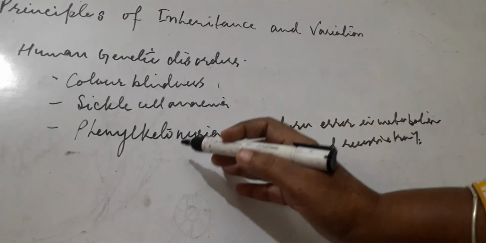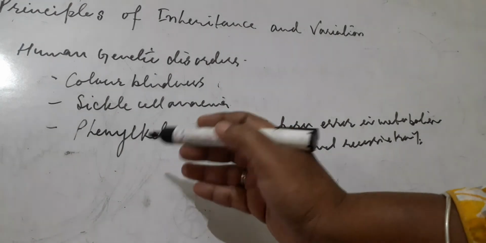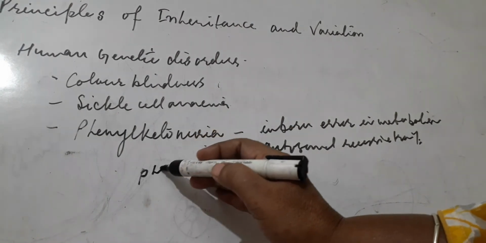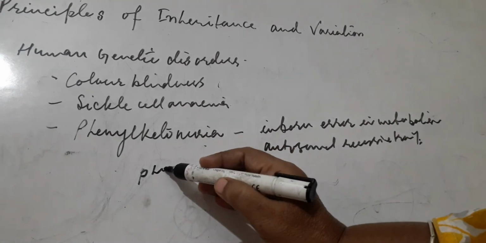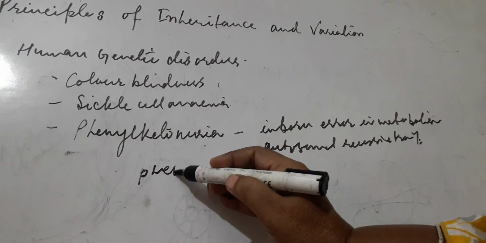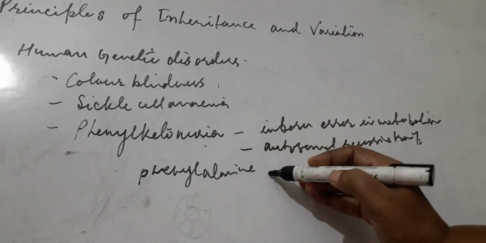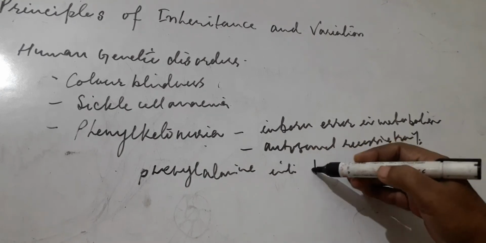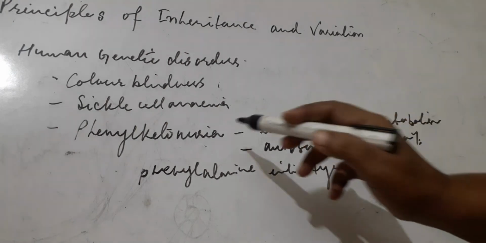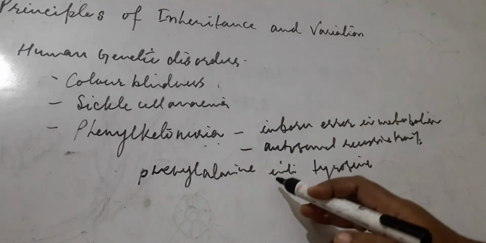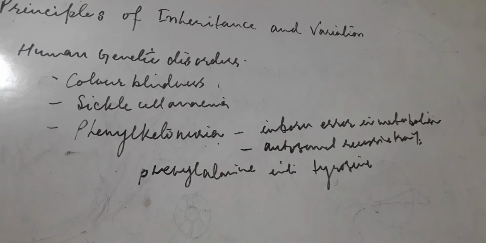So, one enzyme converts phenylalanine into tyrosine. In phenylketonuria, this enzyme which converts phenylalanine into tyrosine is lacking.